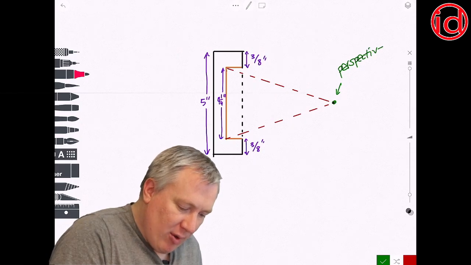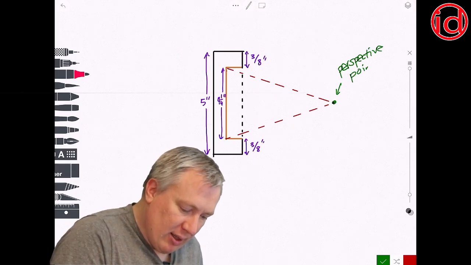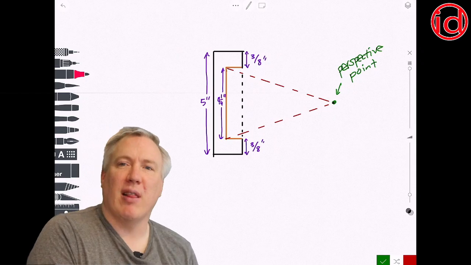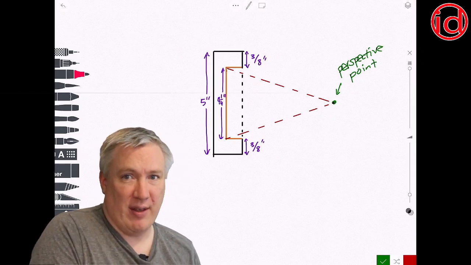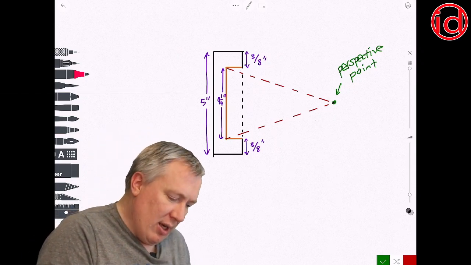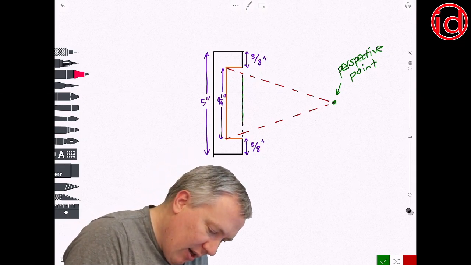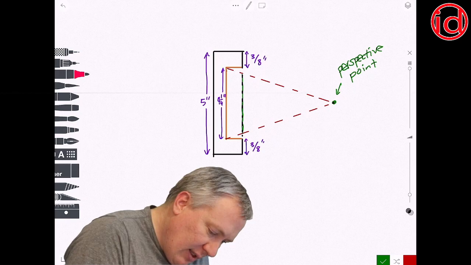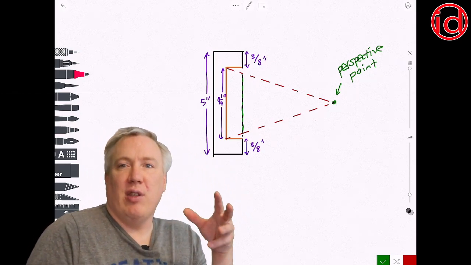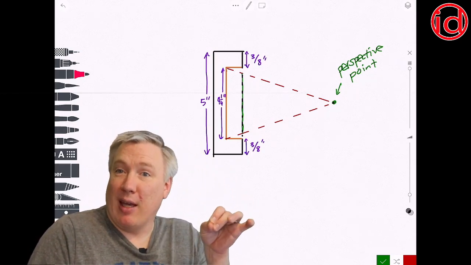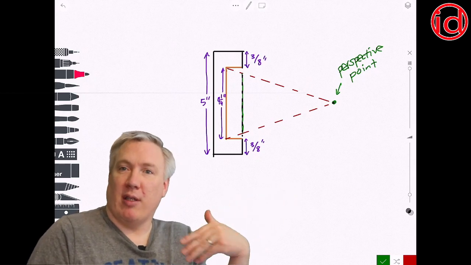Okay, and I'm looking into the inside, and what I've drawn here in red lines is my line of sight to the inside of this shape. And what I want you to see here is that this section of the triangle actually gives you a sense of how big the deeper part looks in comparison.